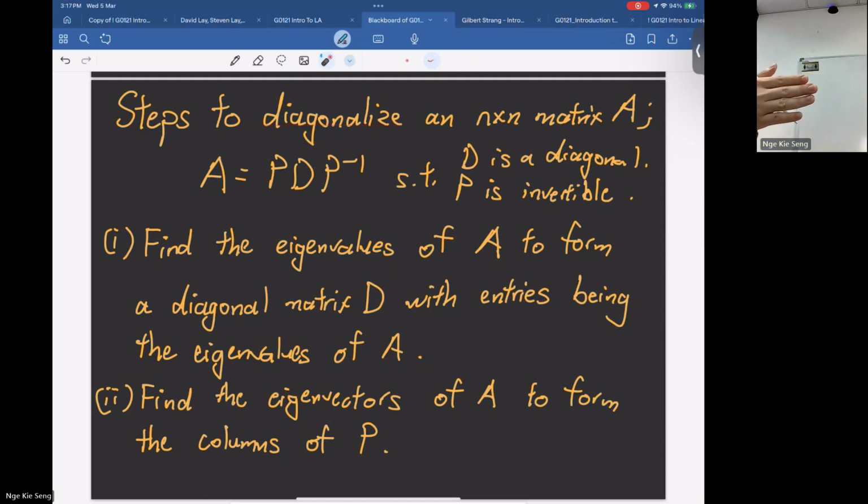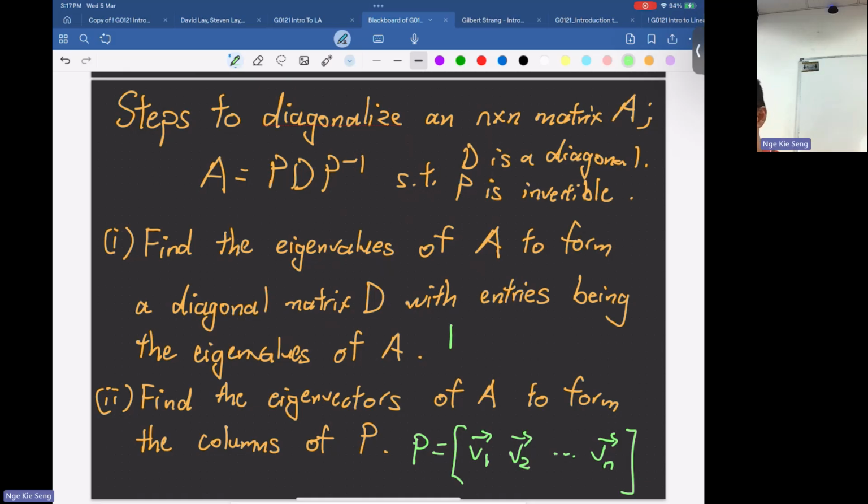It depends on how you arrange the eigenvectors in P. If your P is V1, V2, up to Vn, then your D should follow the eigenvalues of the eigenvectors correspondingly. Meaning the first column corresponds to lambda 1, the second one corresponds to lambda 2.